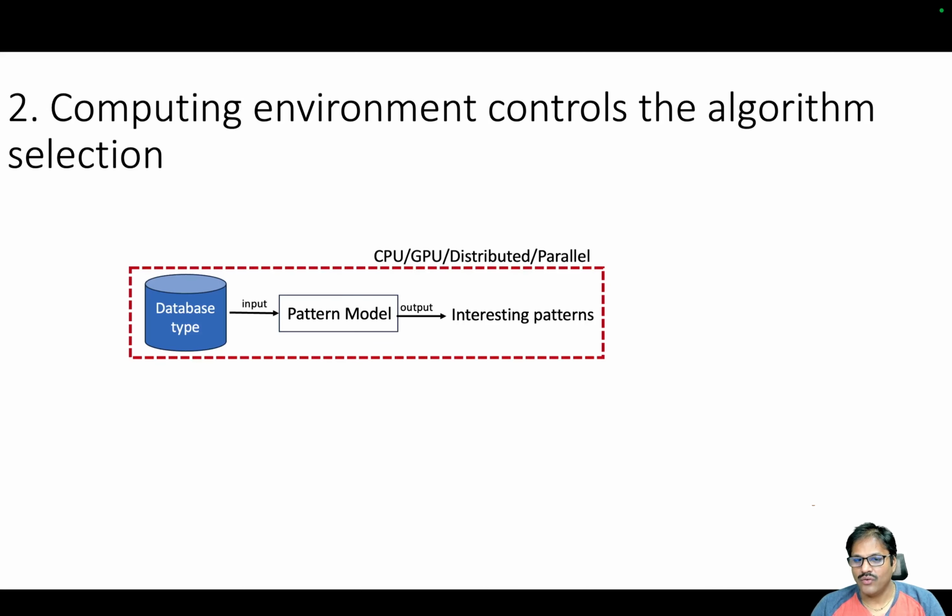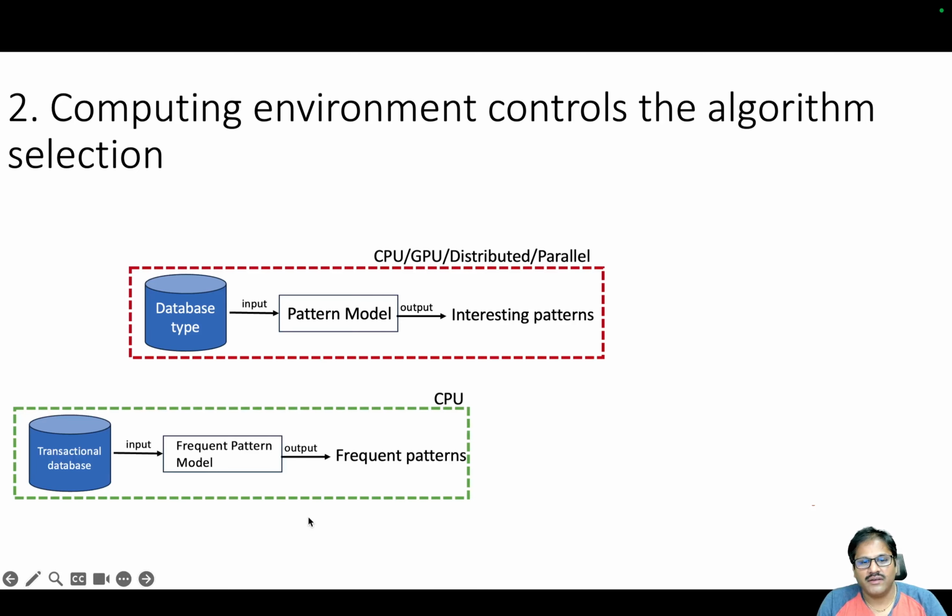Let us see how the computing environment controls the algorithm selection. So we have a database that we are inputting to a pattern mining model and we are discovering interesting patterns. For this condition, let us consider this example. We have a transactional database which we are inputting to the frequent pattern model, and we are extracting the frequent patterns.